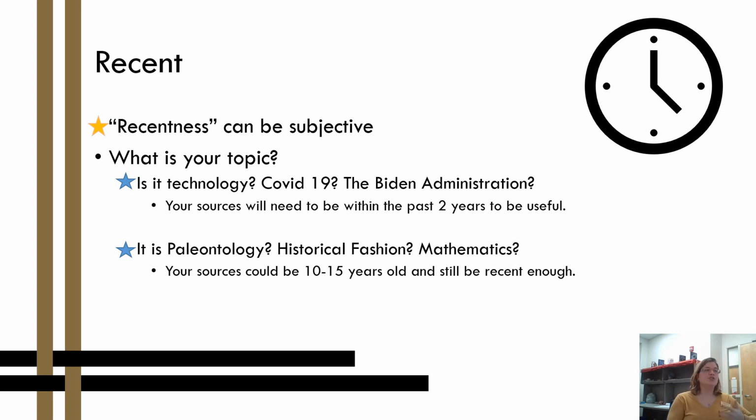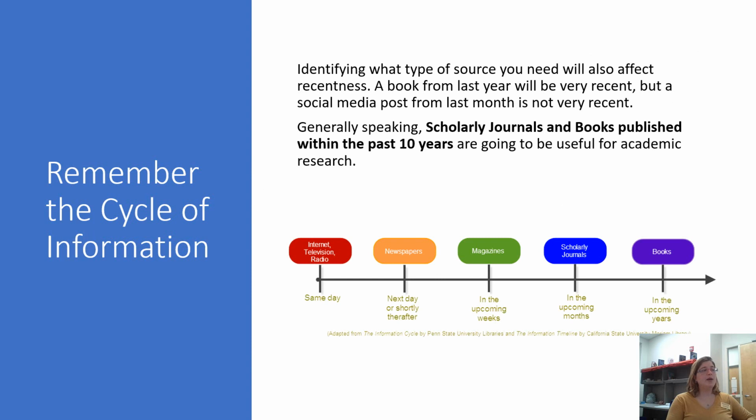But what about if you're talking about historical fashion? 10 to 15 years, you're not going to find really vast differences in what the research is going to look like, so that should be recent enough to be usable. Keep in mind this cycle of information and what type of source you're using.